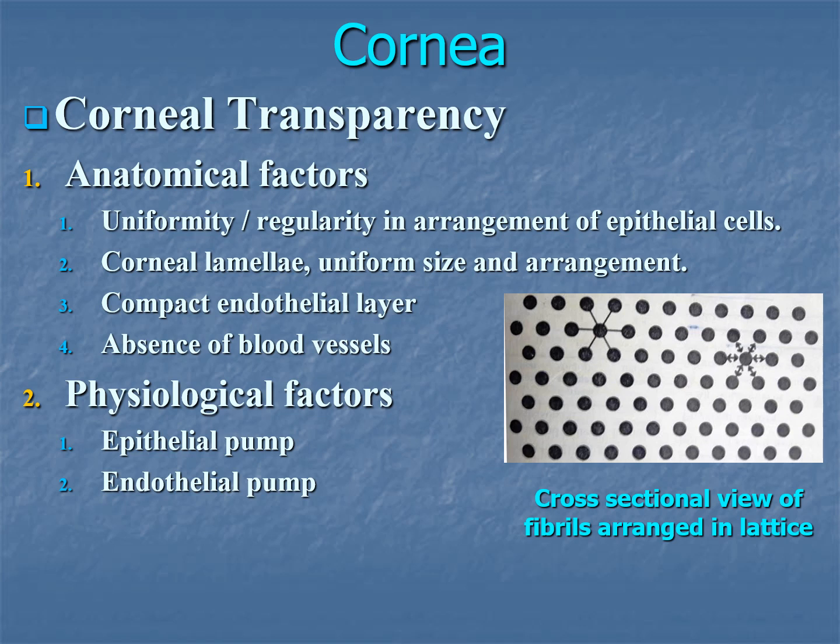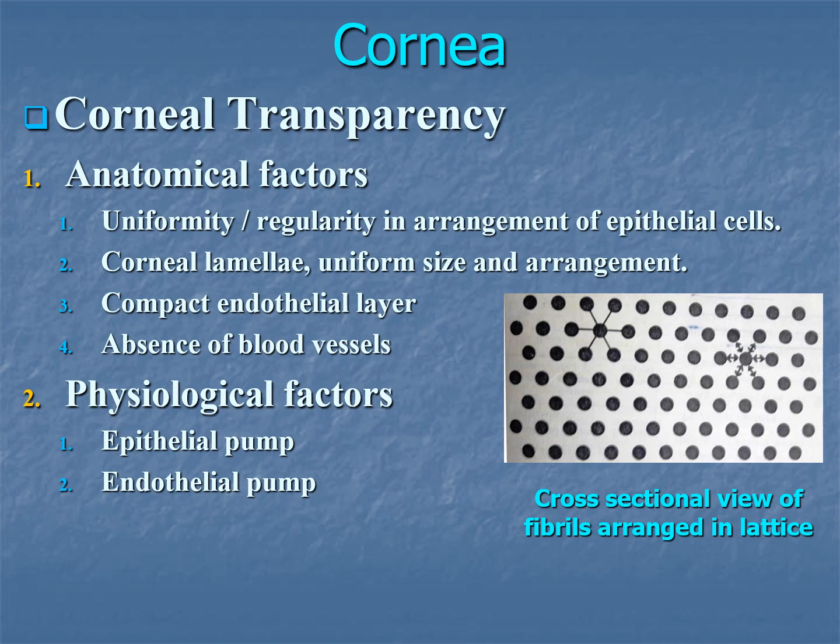The anatomical factors are uniformity and regularity in the arrangement of epithelial cells, having hemidesmosomes and desmosomes compactly arranged, and water cannot pass through this compact or healthy epithelium. And the substantia propria, the collagen fibrils or the corneal lamellae having uniform size and arrangement.